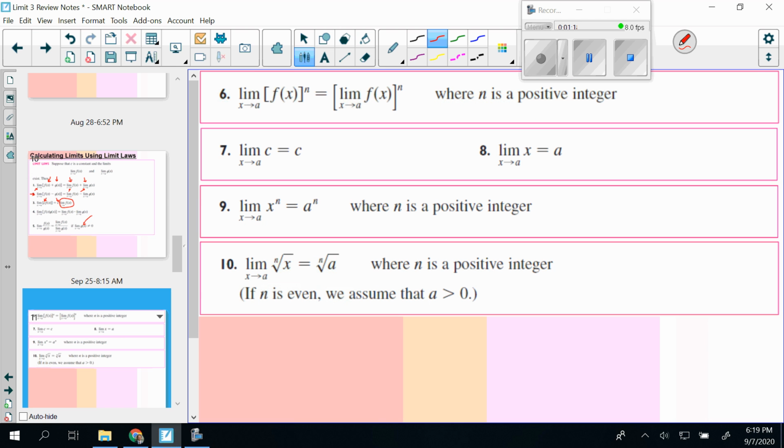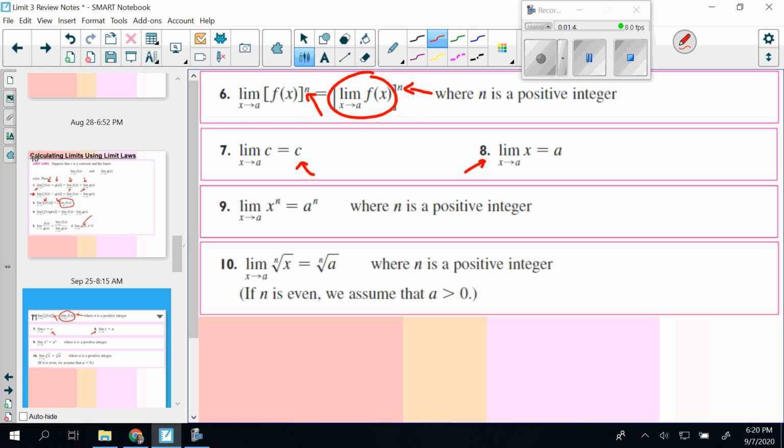A few other limits here. You can do the same thing with exponents. If you're approaching something where there's a power outside of that function, you can find the limit and then take whatever that answer is to that power, and it ends up being the same answer. A limit of any constant is always just going to equal that constant.